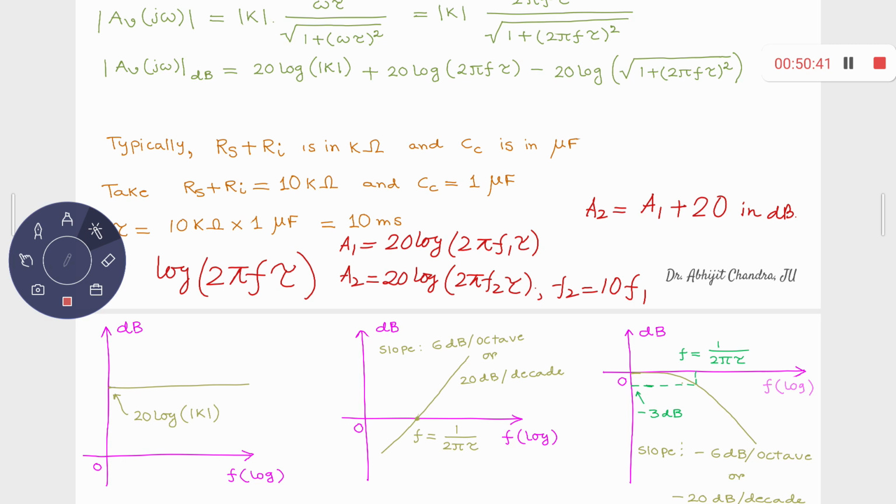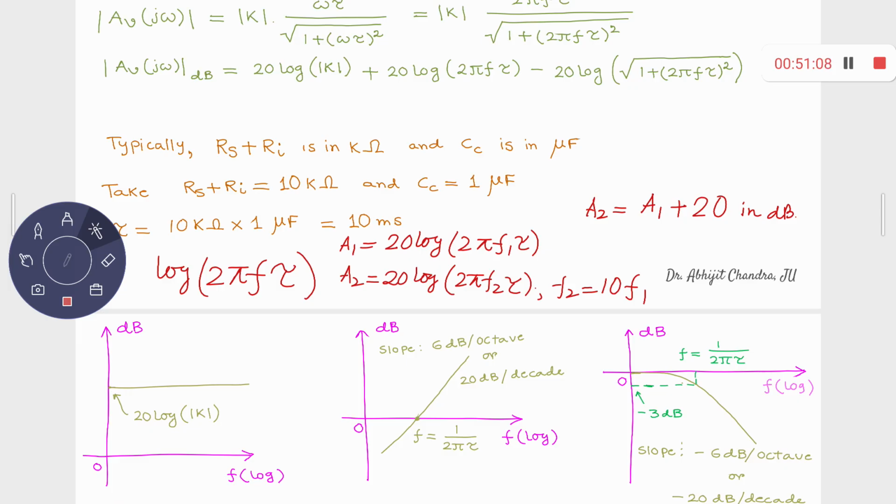On the other hand, if 2πfτ is much greater than unity, there is another part, two extreme points. When this is much greater than 1, then this will dominate. You have only 20 log of 2πfτ whole squared and square root of this. So almost 20 log 2πfτ, that means it is almost equal to the second element, 20 log 2πfτ with a minus. That means this time the slope is negative, minus 6 dB per octave or minus 20 dB per decade.